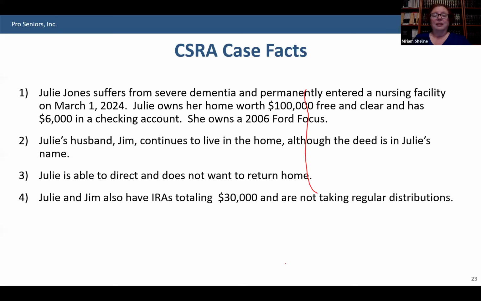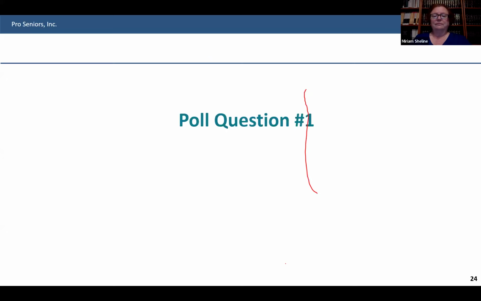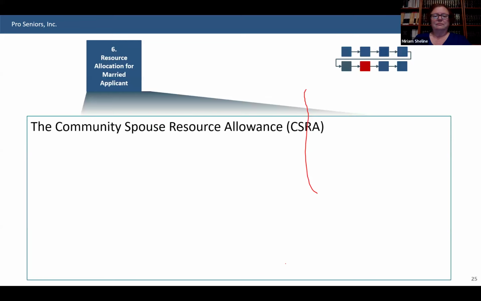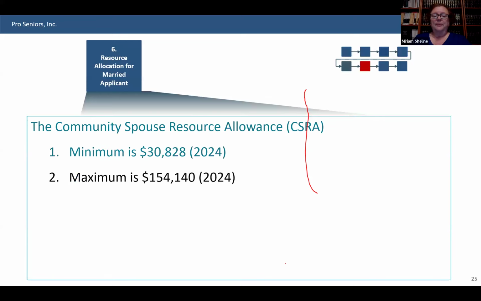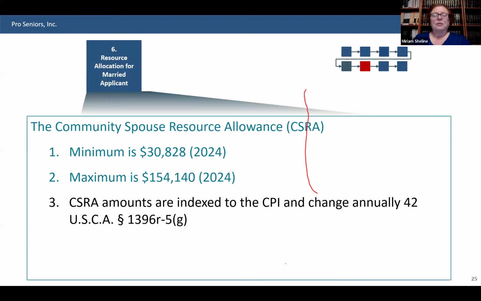But looking at the 36,000, remember, we have a minimum of 30,828 and a maximum of 154,140. So since their countable resources were $36,000, Jim is going to be entitled to the minimum of 30,828. That means the countable resources that need to be spent down is the remainder after we deduct the 30,828.